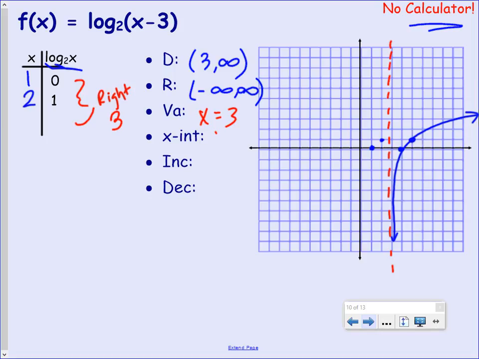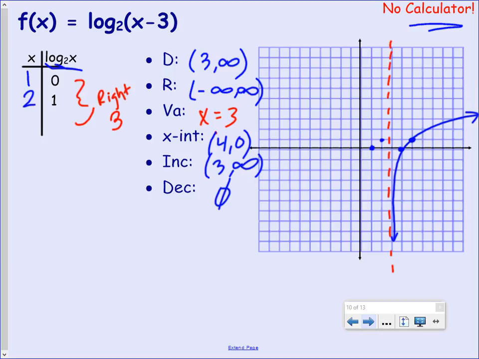My x-intercept on this one works out pretty nicely, because I just took that graph and moved it right 3, so now it's at (4, 0). And then I'm increasing from 3 to infinity with no decreasing. Are you okay with this?